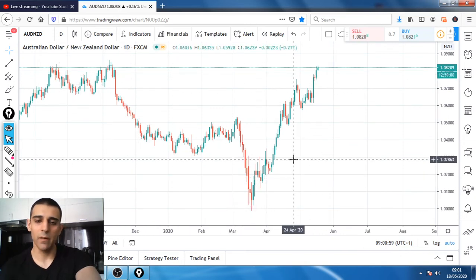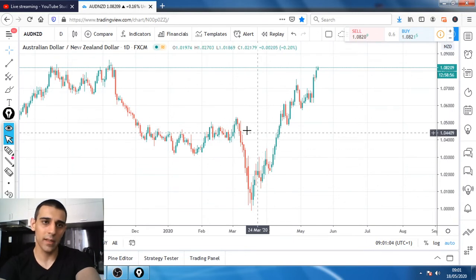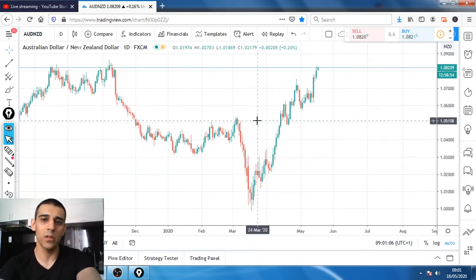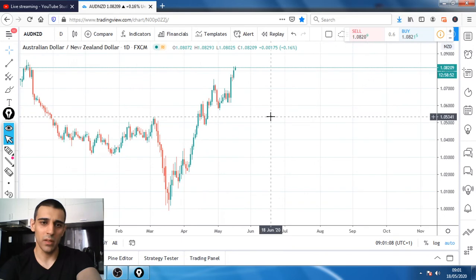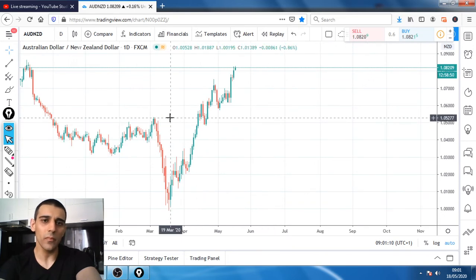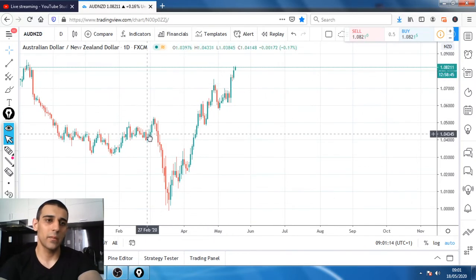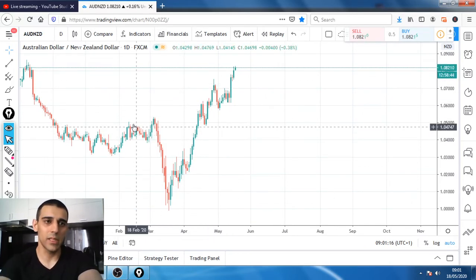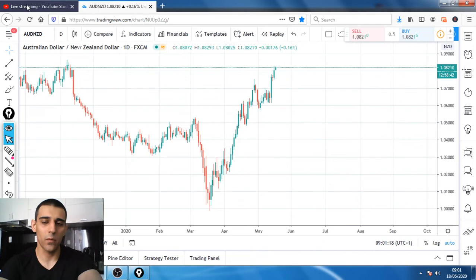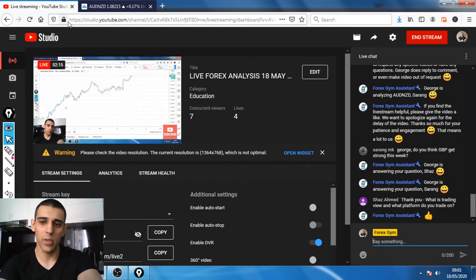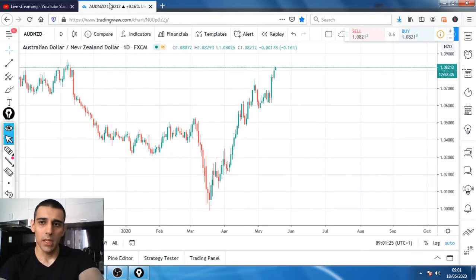I use MetaTrader 4. I trade from MetaTrader 4. That's another platform you can use to trade off. There's loads of them. I know that a lot of people use TradingView, so that's why I conduct my analysis on TradingView. But I do trade from my MetaTrader 4.